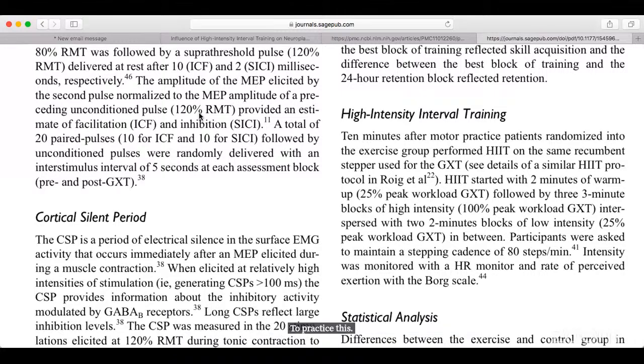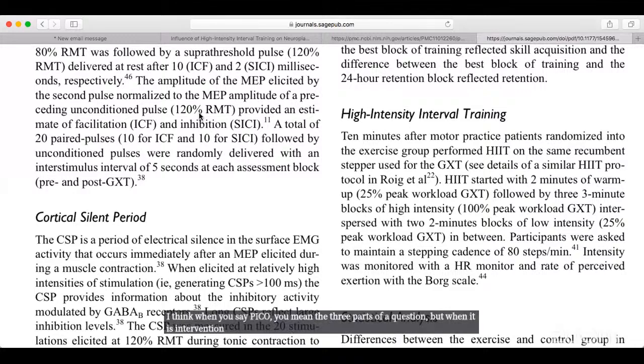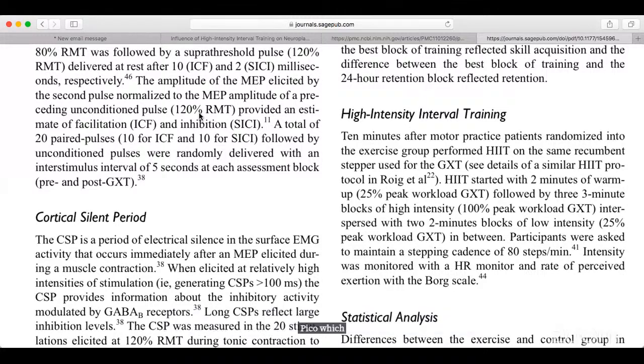I need information about this PICO. I think when you say PICO, you mean the 3 parts of a question, but when it is intervention, it becomes 4: the patient characteristics, the component of patient management, the outcome of interest, and then the comparison.